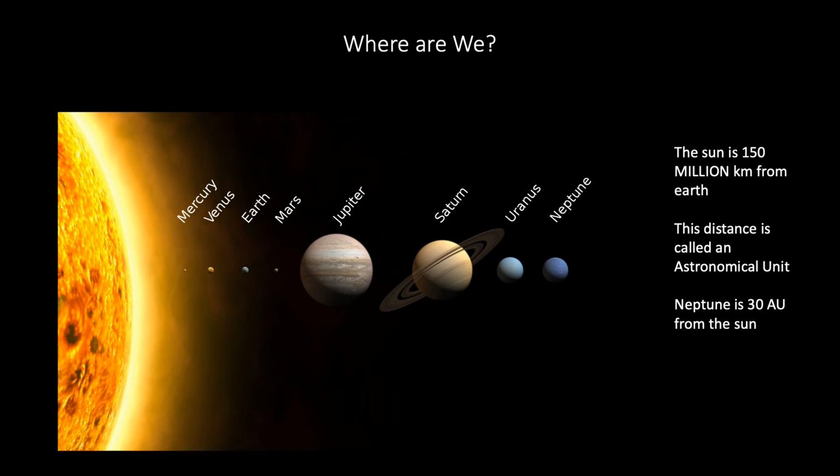Just to give you an idea of how big that is, you'll remember that El Camino College is 1 kilometer across, and the Earth in diameter is 10 to the 4, right? So that means the Earth is 4 orders of magnitude bigger than El Camino College.